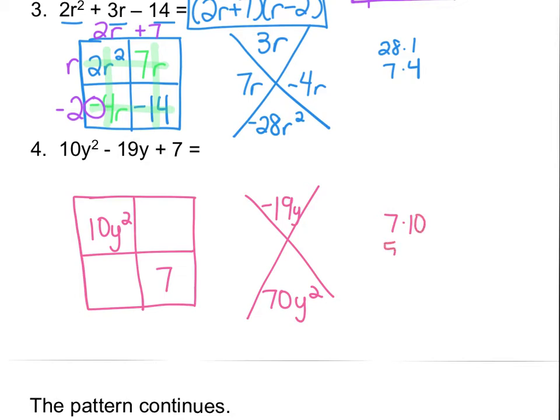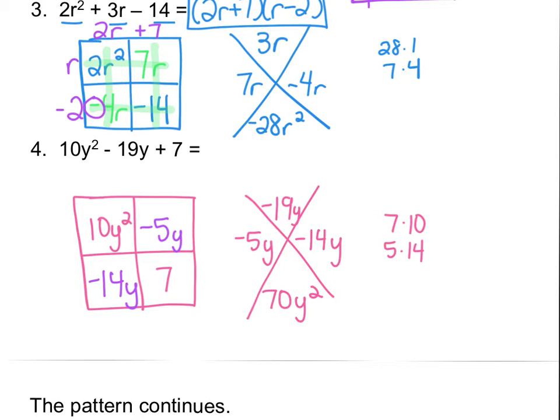I've got 5 and 14. Could 5 and 14 add to 19? It absolutely could if we made both of them negative. So remember our patterns. If we have a positive product, the signs on the side have to be the same, and if our sum is negative, both of our sides are also going to be negative.